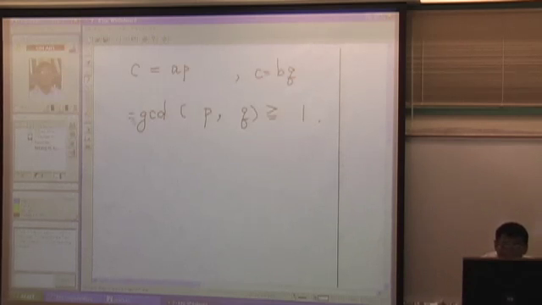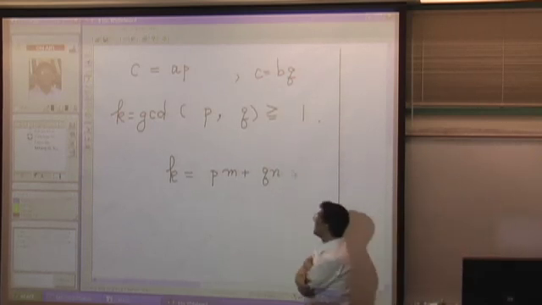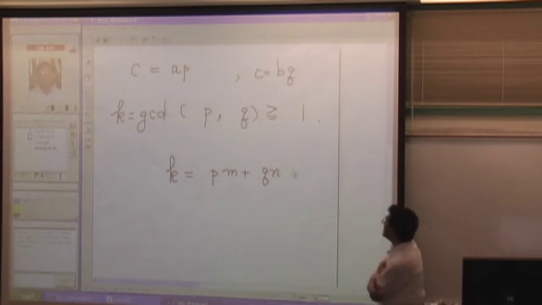So with these things, I can write C. So let's write this GCD, and because there are so many letters, I will use K. So K is greater than or equal to 1, and then K GCD is some number P times M, and then Q times N. So we are getting the GCD of P and Q, which are these numbers.